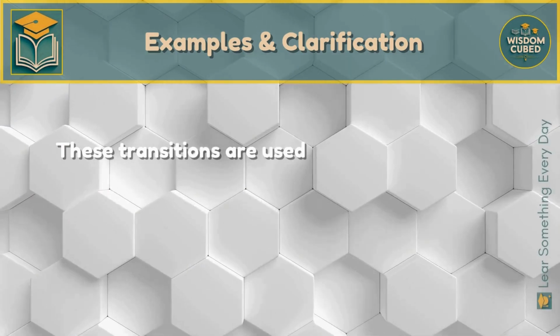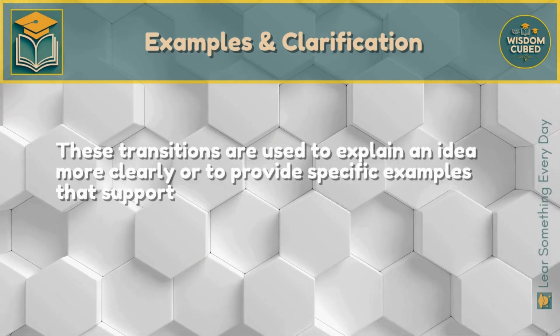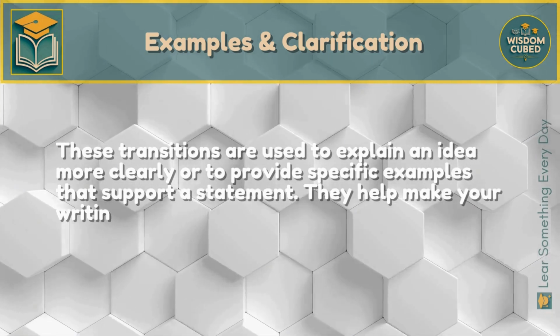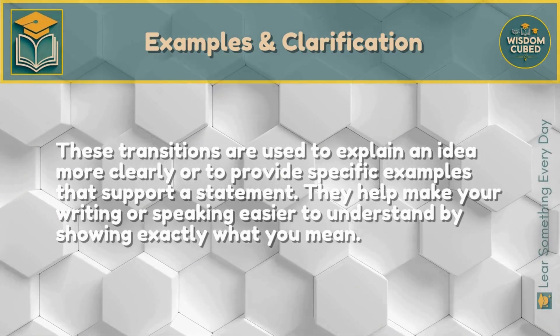Examples and clarification. These transitions are used to explain an idea more clearly or to provide specific examples that support a statement. They help make your writing or speaking easier to understand by showing exactly what you mean.